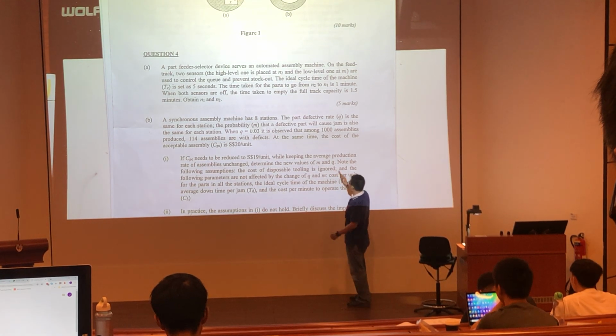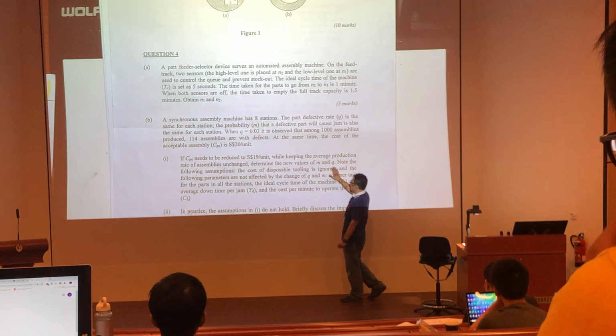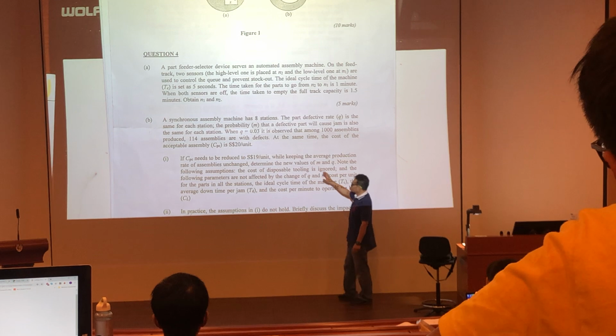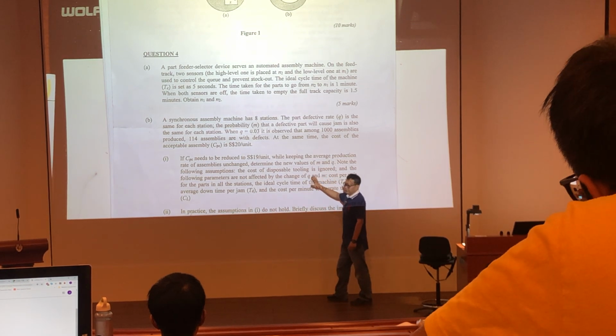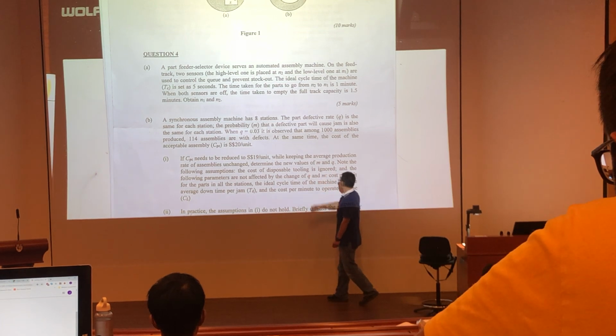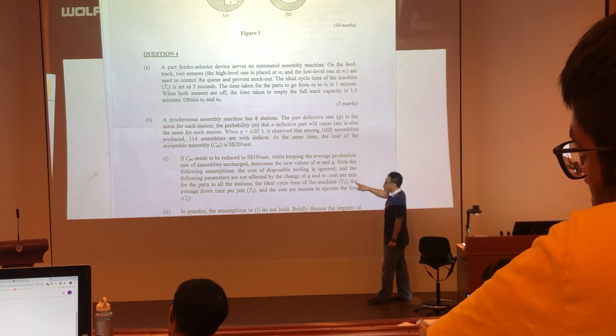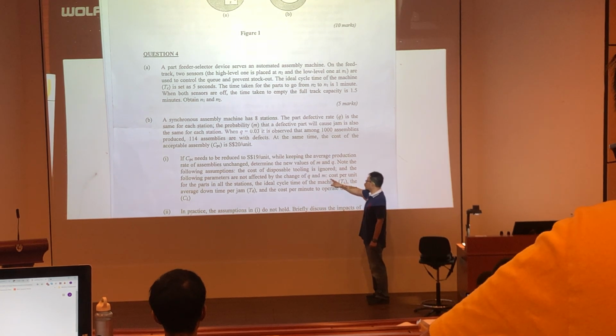When you change M and Q, let's look at the assumptions. The cost is totally ignored. This one is fine, it's the same for the situation before and after, so you don't need to discuss this. The other thing is the parameters are not affected by change in Q and M.